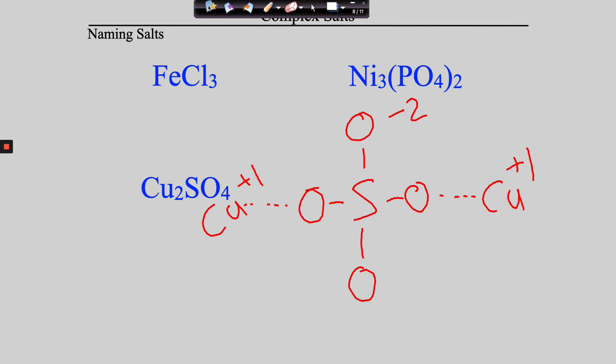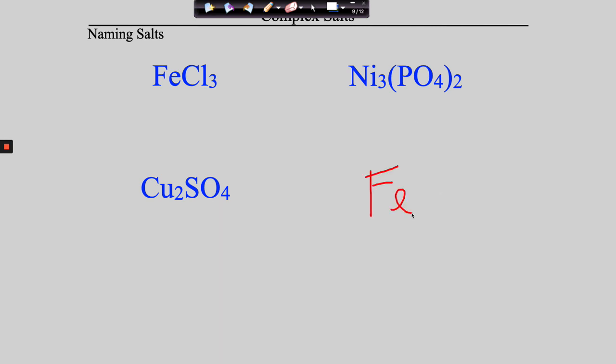But the other example over here, we've got an Fe that's +3, and then you've got a chlorine and a chlorine and a chlorine, and each one of those is -1. Each one of those is -1, and that creates a balance in charge that way.